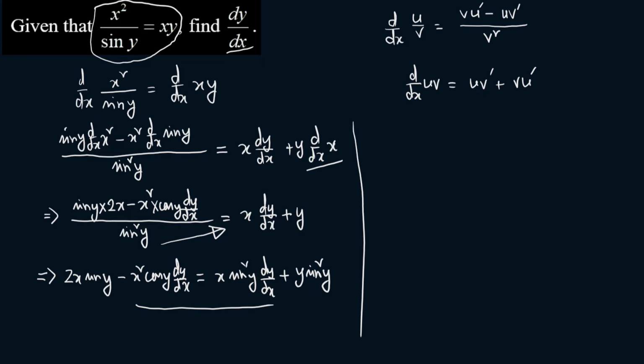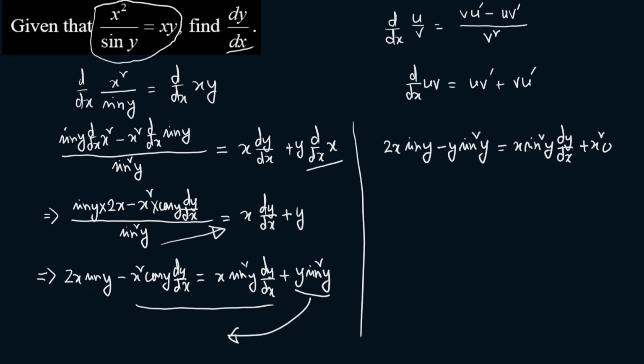If we draw a line here, the rest of the part we can keep on the left side: 2x sine y, then the other part is minus y sine square y, because I took that one to the left side, and on the right side you can write x sine square y dy by dx, then plus x square cos y dy by dx. That is the expression. Now just take dy by dx common and make it the subject.